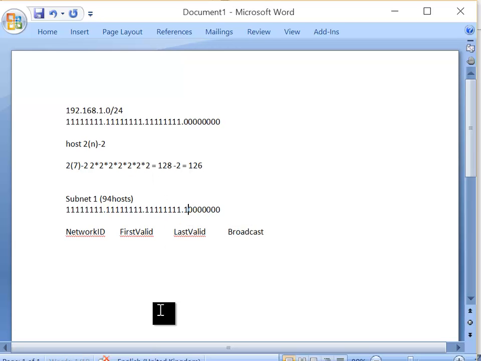We change that to 1, and I'll put it in red so we can see it. So the subnet mask, we can say 255.255.255.128, or you can say /25. Three ways of saying the same thing. I can put it in binary, I can give you a decimal, or I can give you the prefix length.